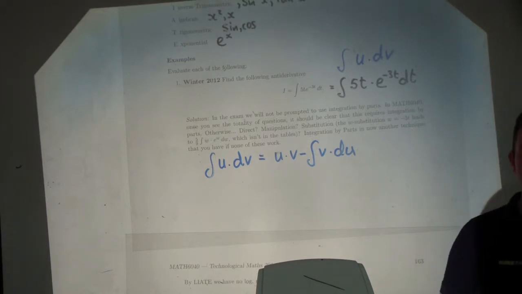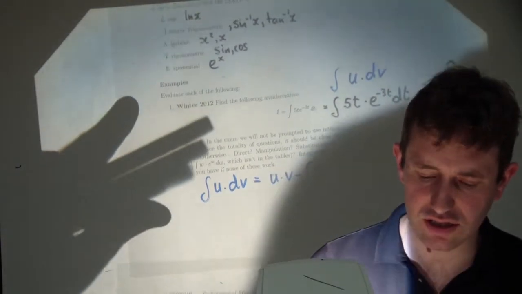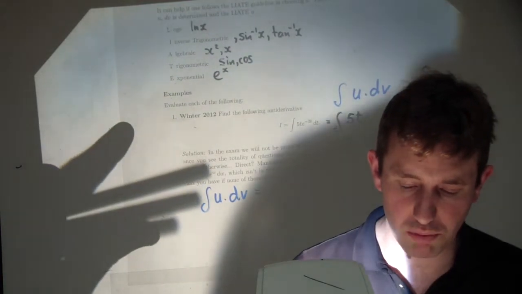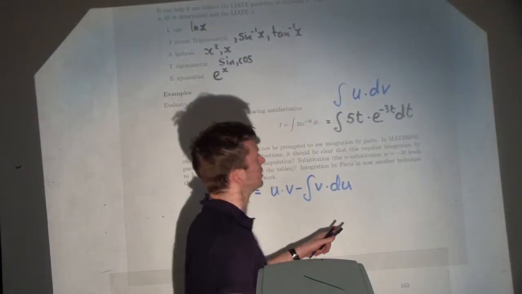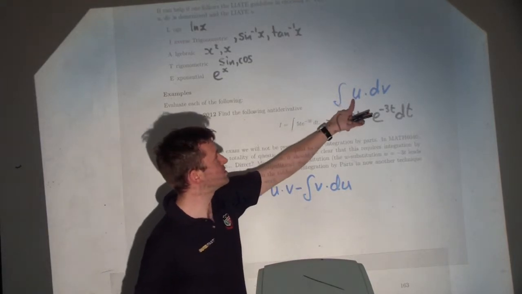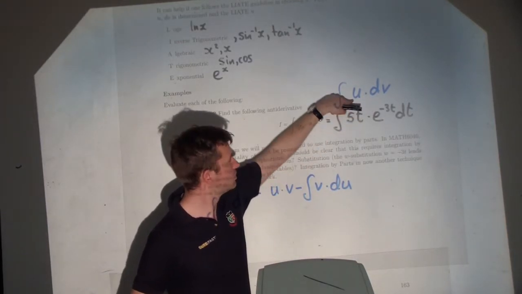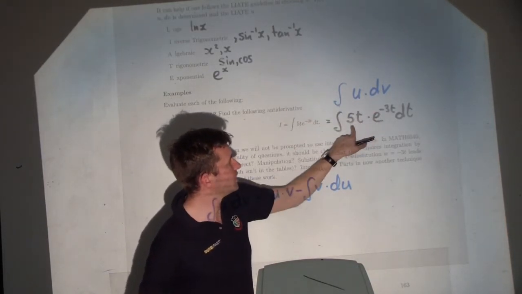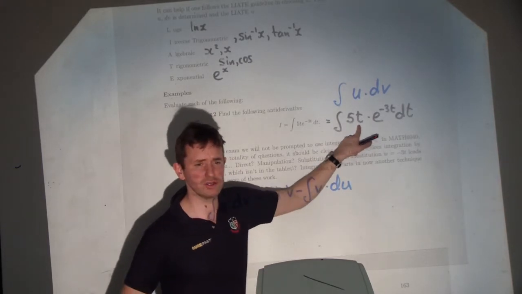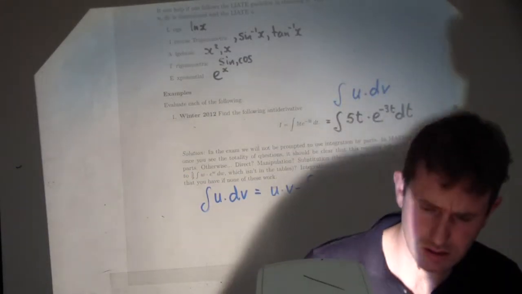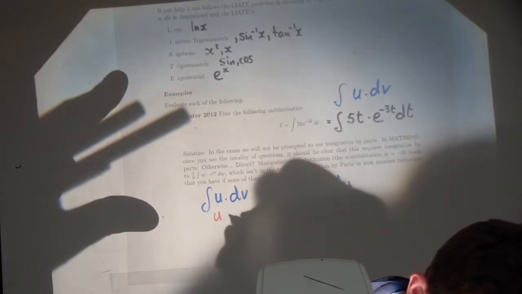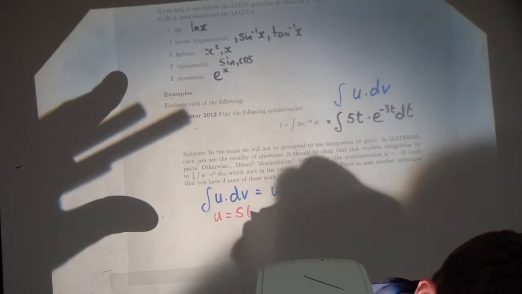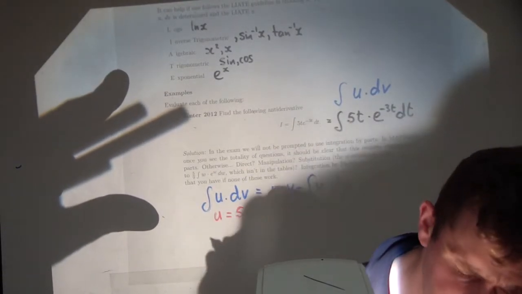The minus 3t is a perfectly correct answer, but if you look at the u, is the minus 3t multiplying? No, the 5t is. So this should be your u, and everything else is dv.